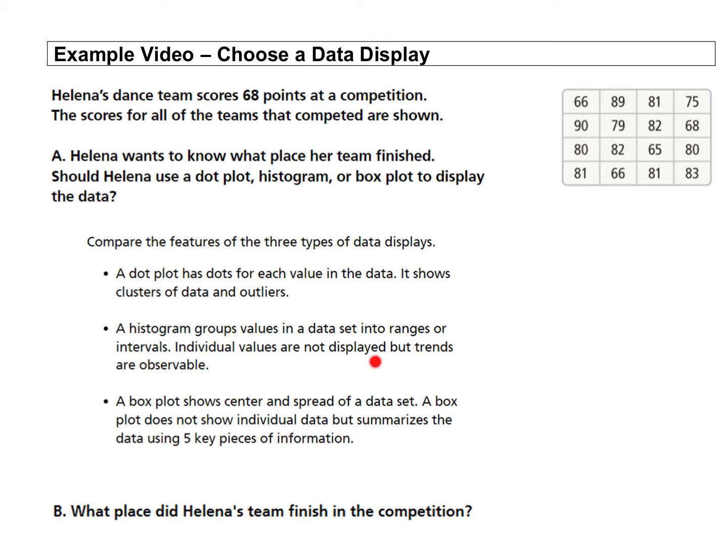Individual values are not displayed, but trends are observable. And a box plot shows the center and the spread of the data set. A box plot does not show individual data, but summarizes the data using 5 key pieces of information. That's that 5-number summary: the minimum, the maximum, the median, and then the quartile 1 and quartile 3 values.